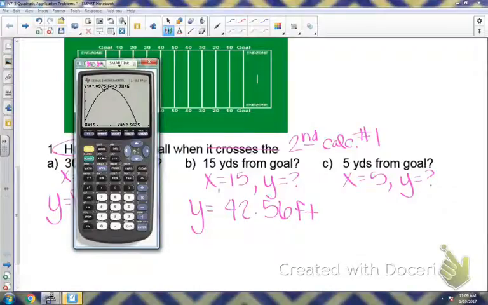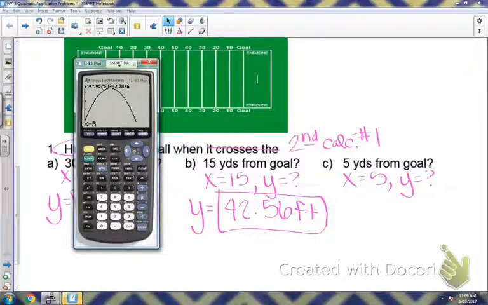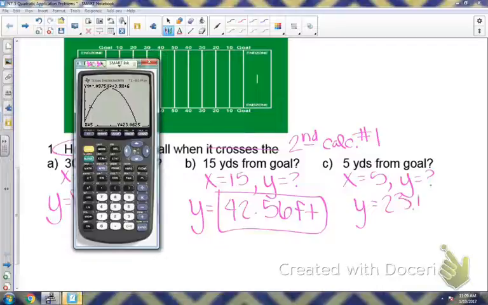That's also the number of feet it is above the ground. Again, it also shows you on your parabola on your calculator where that's located. And then the last one, type in 5, press enter, and that would be 23.06 feet.